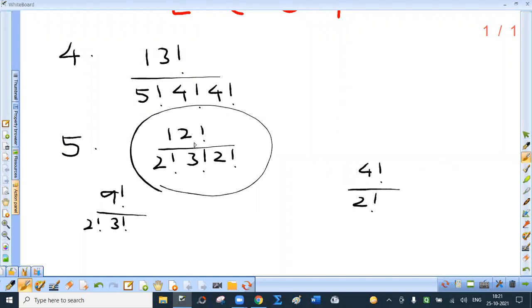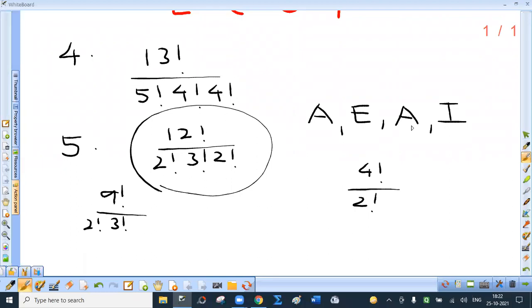Next line. The vowels are A, E, A, I. That is 4 vowels which include A twice.